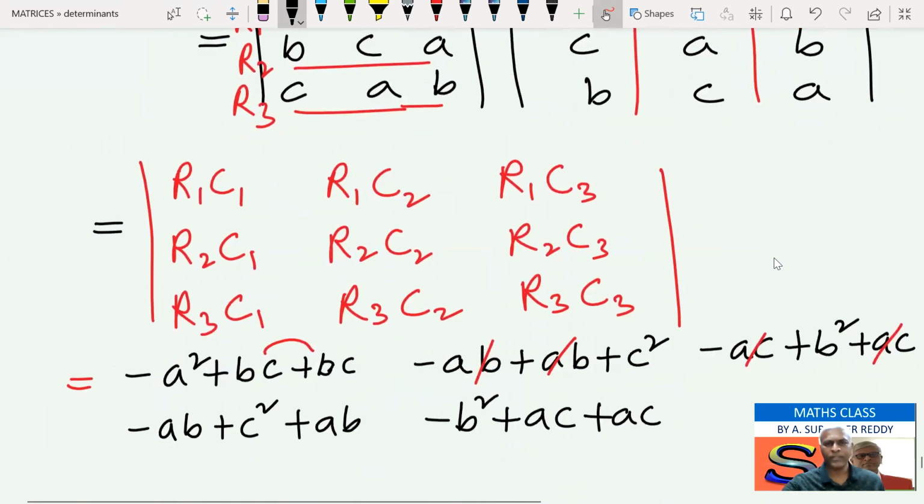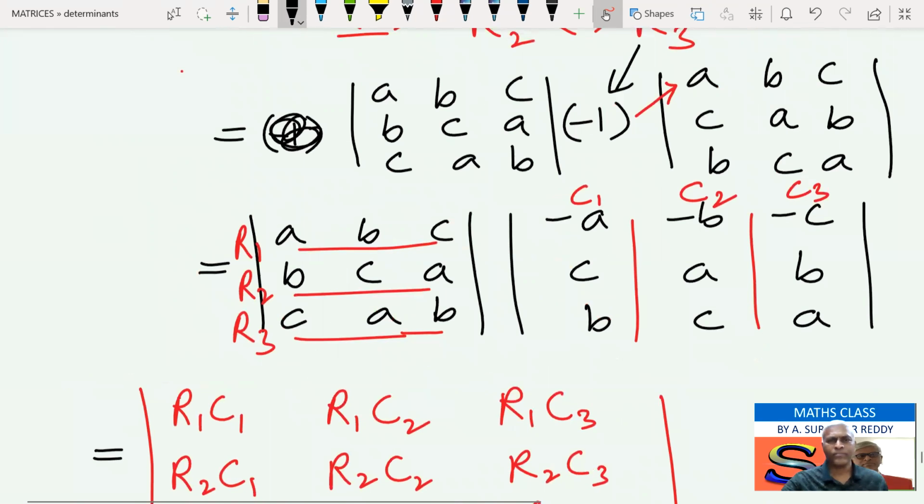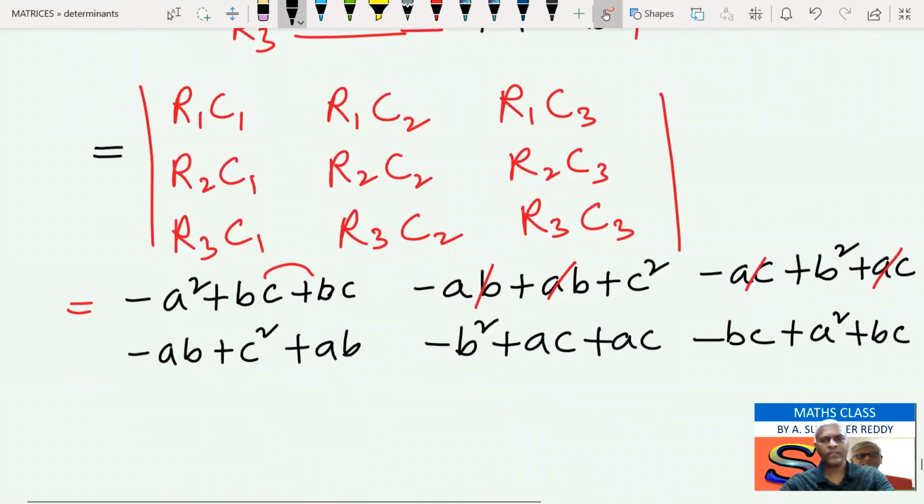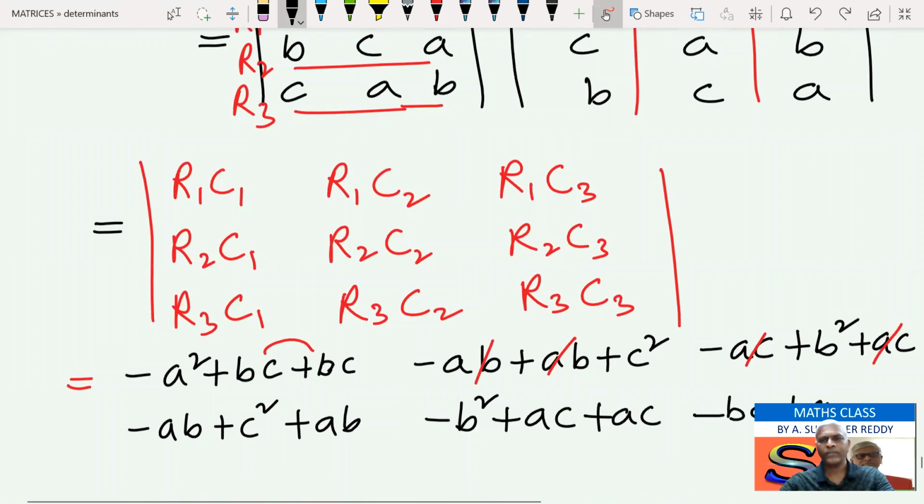Minus BC plus BC plus A square. So you can see plus AB minus AB will get cancelled. So this is 2AC minus B square, BC will get cancelled.